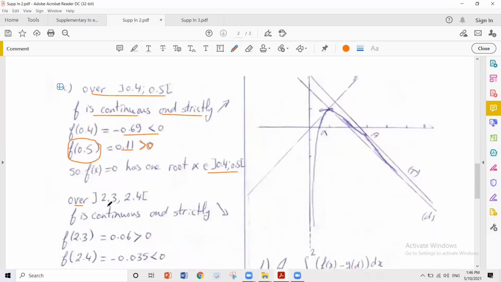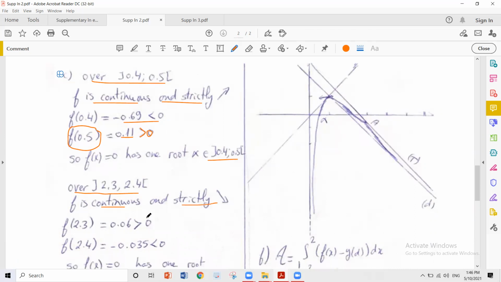Now over the second interval, 2.3, 2.4, f is continuous and strictly decreasing. F of 2.3 is 0.06, which is positive.